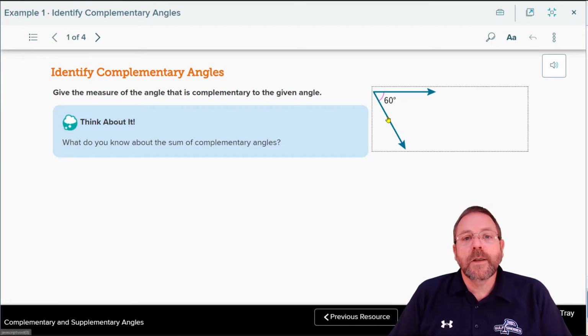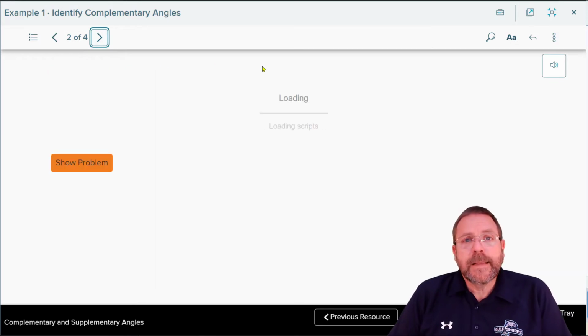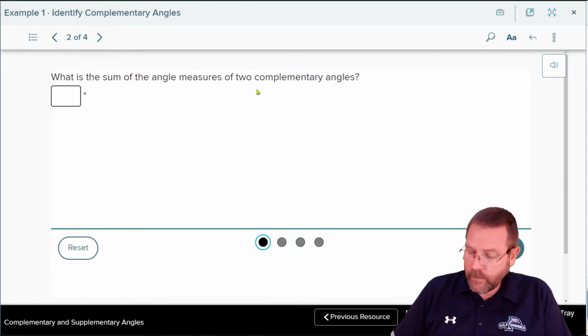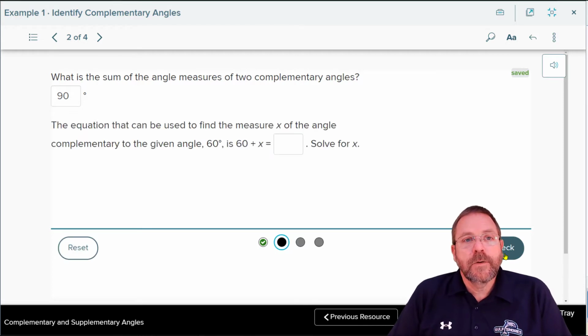So we have one angle that's equal to 60 degrees, and we want to know 60 plus what number is equal to 90? Well, that's obviously going to be 30, but we've got to be able to use big kid math to find it. So using that big kid math, we're going to say, what is the sum of the two measured complementary angles? That's going to be 90. So when you add them together, you get 90 degrees.